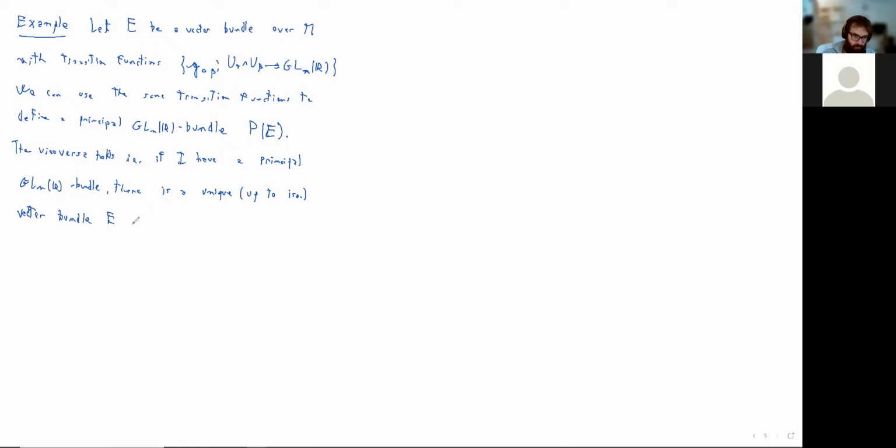The vector bundle E such that P of E is P. So you can just go back and forth with this, since these are just functions in GLN, so they automatically define both a vector bundle and a principal bundle with fiber GLN.